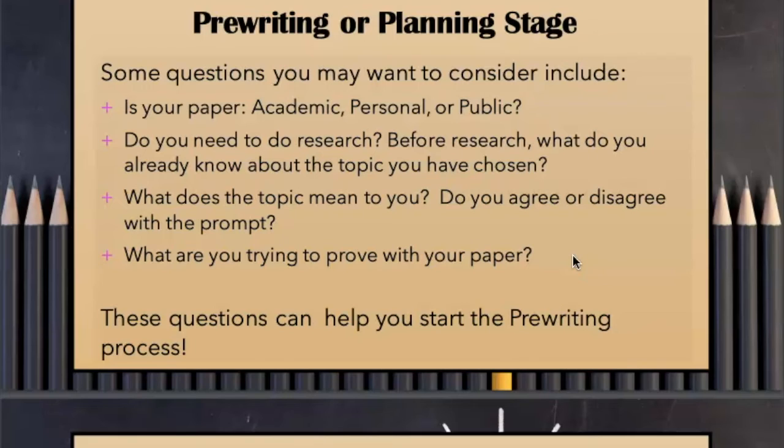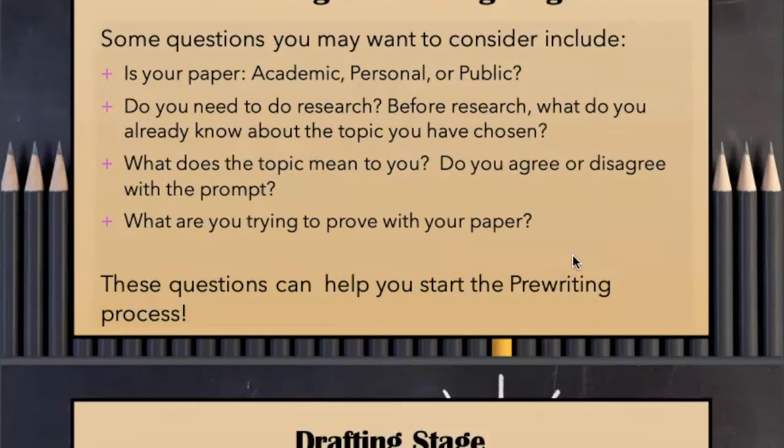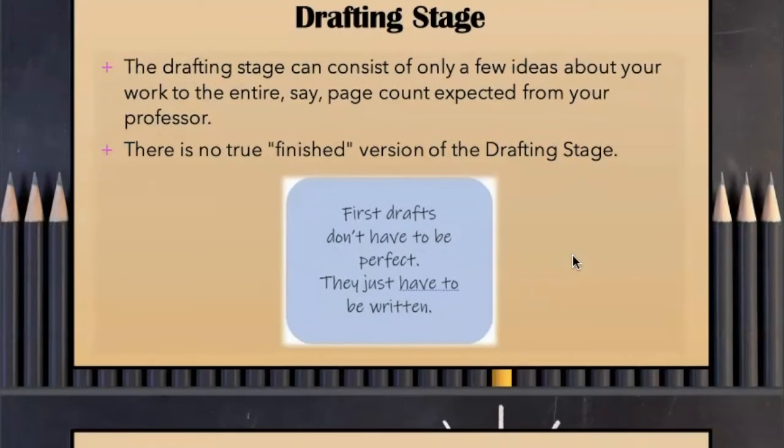Does your professor want you to use textbooks? Do they want you to use websites, journal articles? That's also super important in the pre-writing stage, to start organizing. What I do is start a folder on my desktop, and I put all of my resources in that folder. Then we move to the drafting stage.